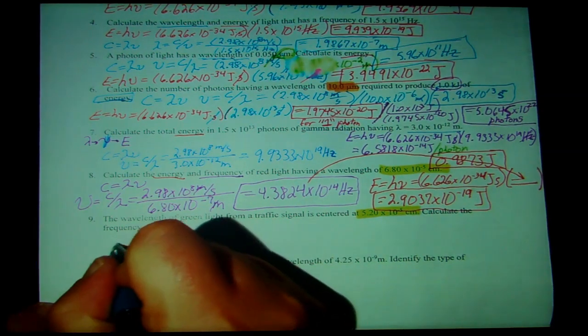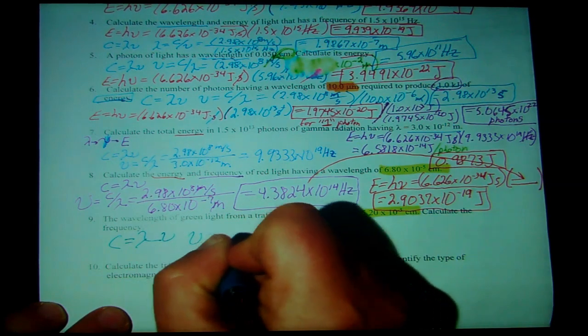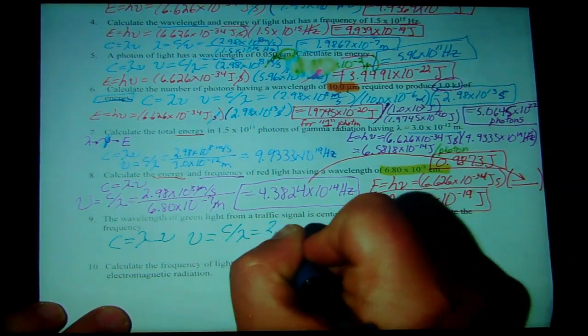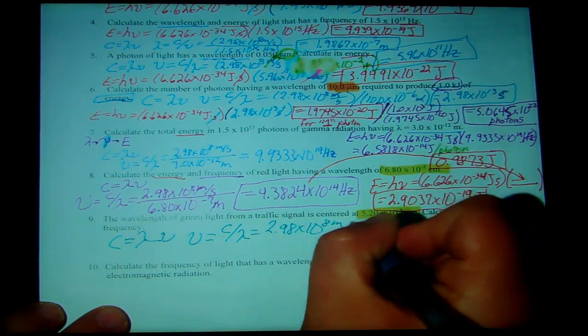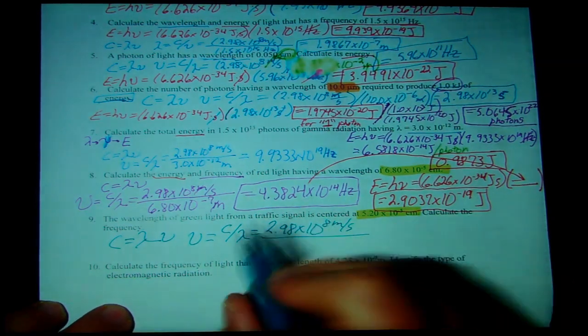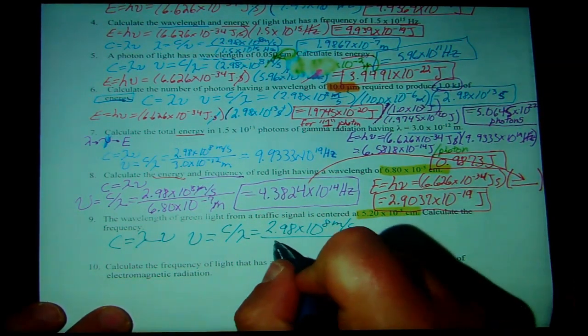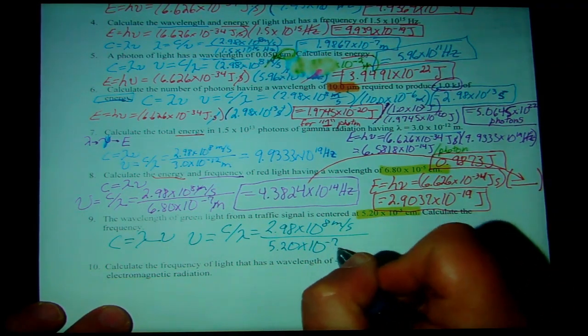So we're dealing with speed of light equals wavelength times frequency. Frequency equals the speed of light divided by wavelength, which is 2.98 times 10 to the 8 meters per second divided by that wavelength, which is 5.20 times 10 to the negative 7 meters.